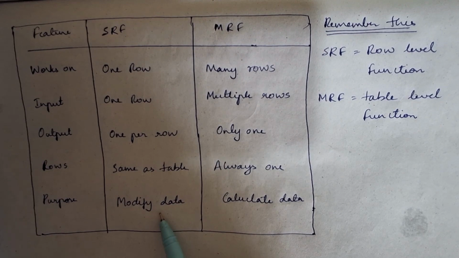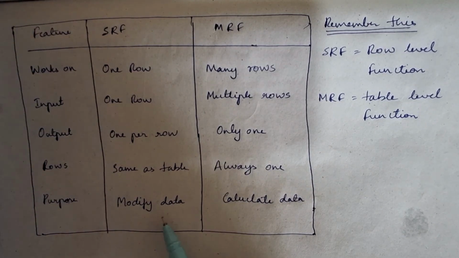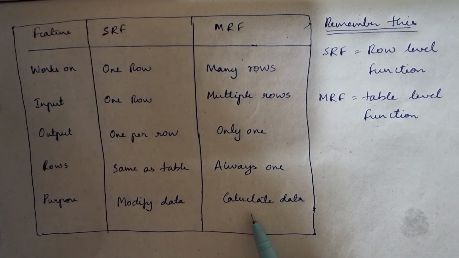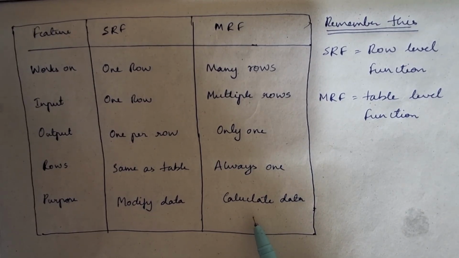SRF is used to modify the data. That is, it can change the given name into uppercase or lowercase using the upper and lower functions. MRF is used to calculate the data. That is the count function, which is used to calculate how many rows are present in the table. And the average function calculates the average value of a set of numbers.